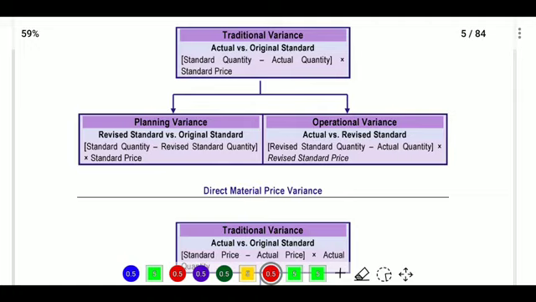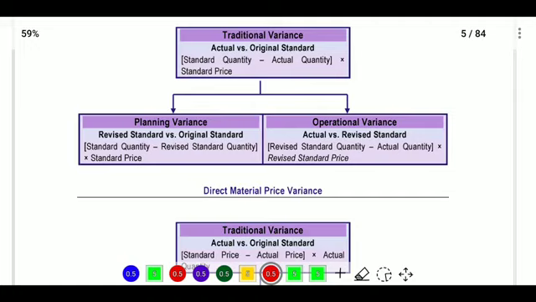Planning variance means we will see both the standards, both the budgets: one original budget and another revised budget. That is original standard and revised standard. That is planning variance. Operational variance we will see the actual and the revised standard.